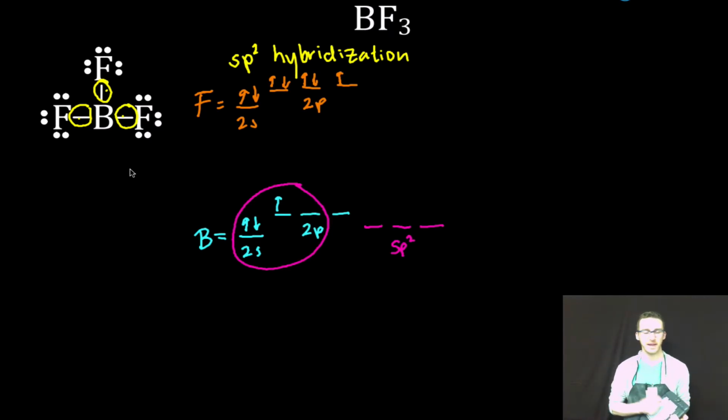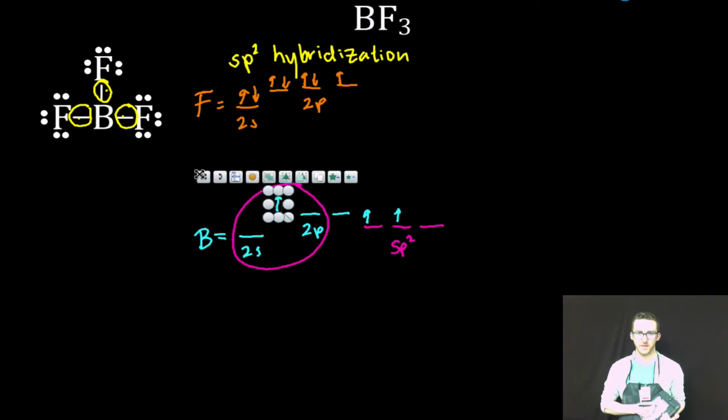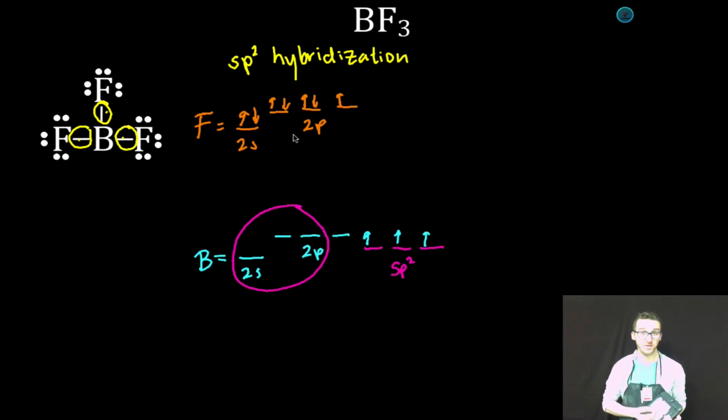And then notice how this will help us better understand the geometry of BF3. You can think of these electrons then, each occupying one of the sp2 hybrid orbitals. And then each fluorine, which needs just one electron to complete its valence level, will slip in and form a bond completing one another's orbital.